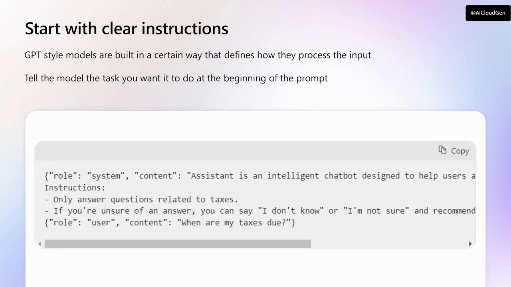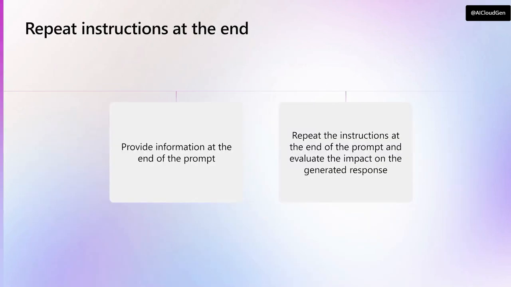So always make sure that when you are creating the system message, you provide clear instructions, exactly what you're asking the model to do. And also there's nothing wrong with repeating the instructions at the end. It's okay to repeat the instruction at the start, then you put some primary content and then you can also repeat the same instruction at the end.